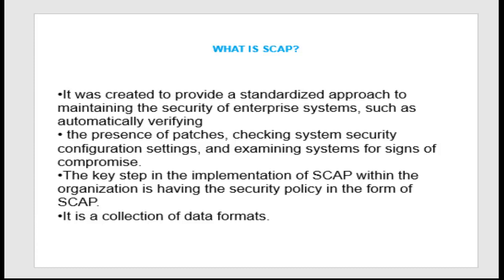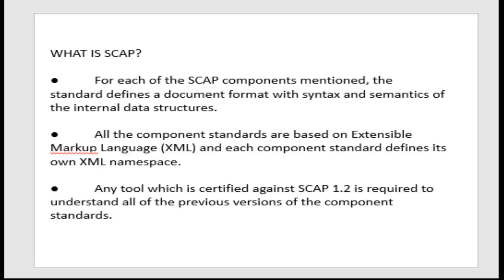The library provides an API for SCAP document processing and evaluation. The toolkit is a command line tool that provides various SCAP capabilities, for instance, configuration scanner, vulnerability scanner, content validation and transformation. For each of the SCAP components mentioned, the standard defines the document format by syntax and semantics of the internal data structure.